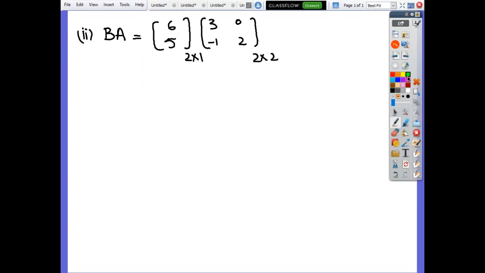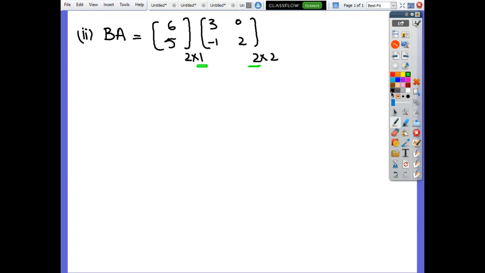By the definition of the product of matrices, the column of the first matrix, which is 1, is not equal to the rows of the second matrix, which is 2. Therefore, the columns and rows are not the same. The product is not possible.